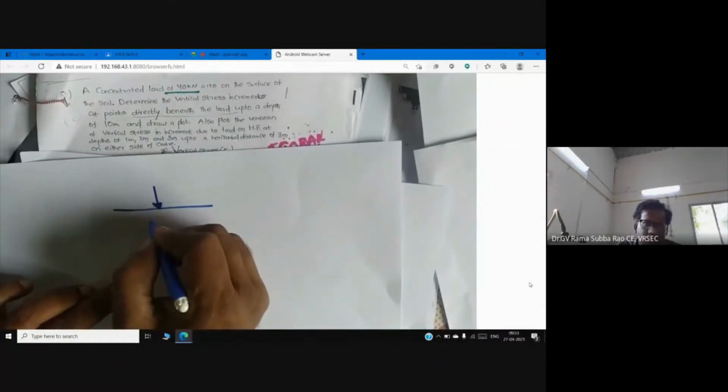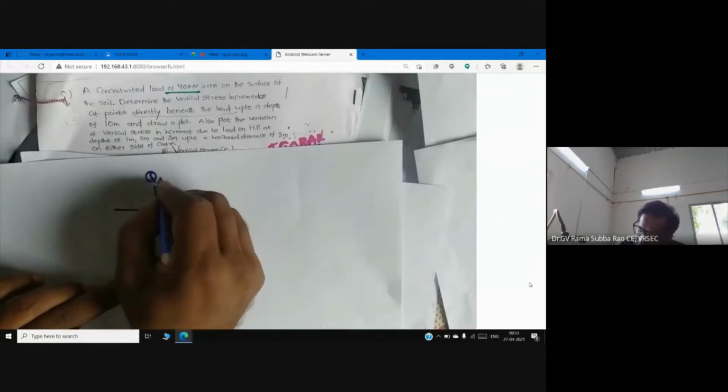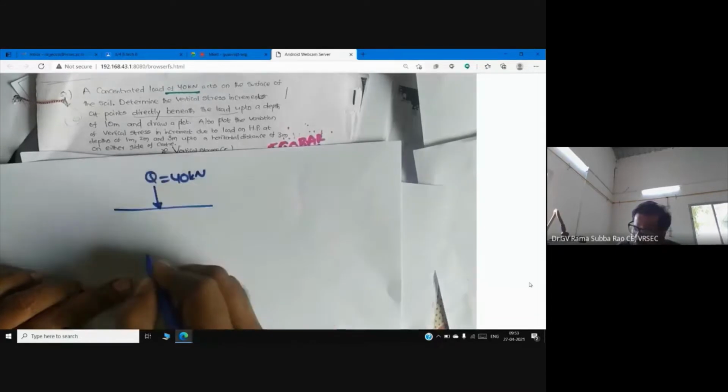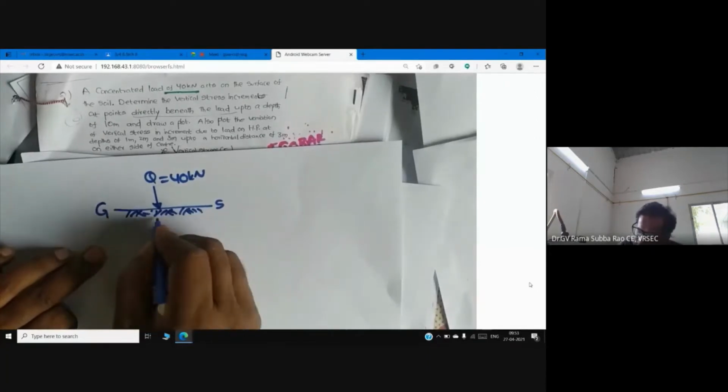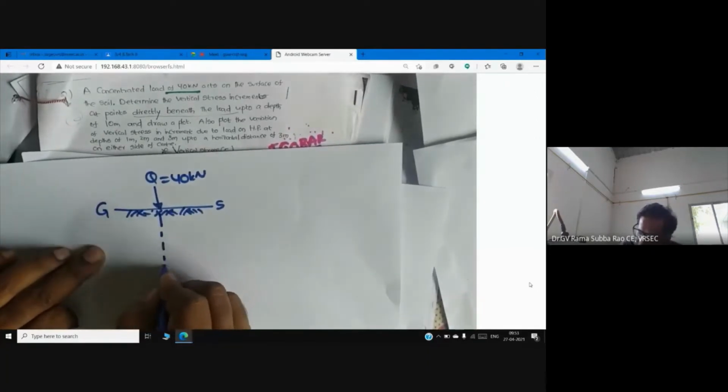This is the load. The load is 40 kilonewton, which acts at the ground surface. This is the axis of the load.